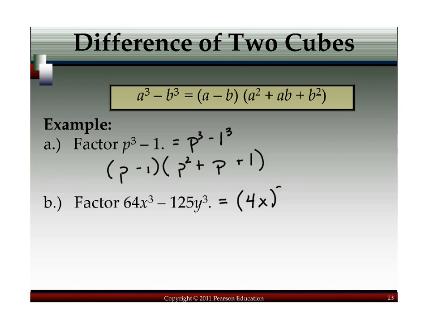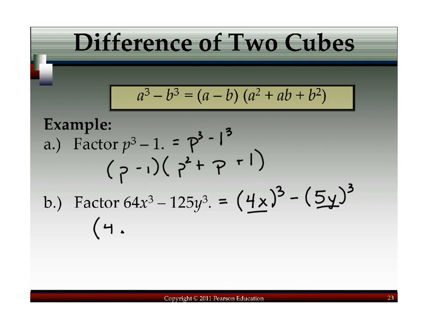So 4x all cubed. This is going to be my A. And then again, we have 125. We know that from the last one. It's 5 cubed, so 5y cubed. So 5y is going to be my B.